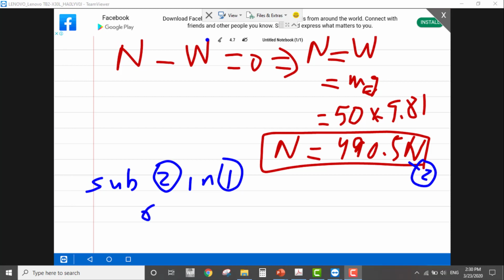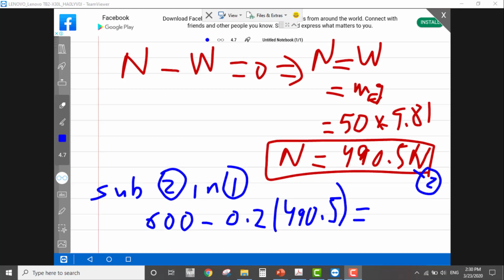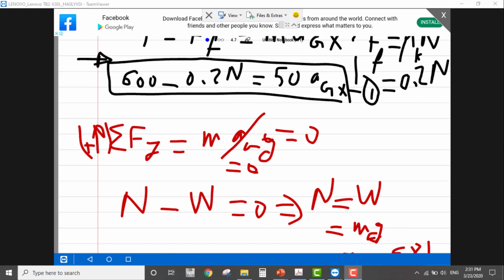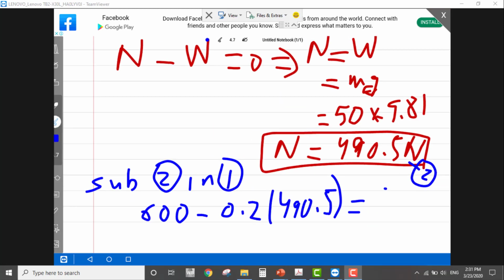We have 600 minus 0.2 multiplied by 490.5, and this is equal to, let me go back and check, 50 multiplied by a_Gx, the acceleration of the centroid in the x direction.